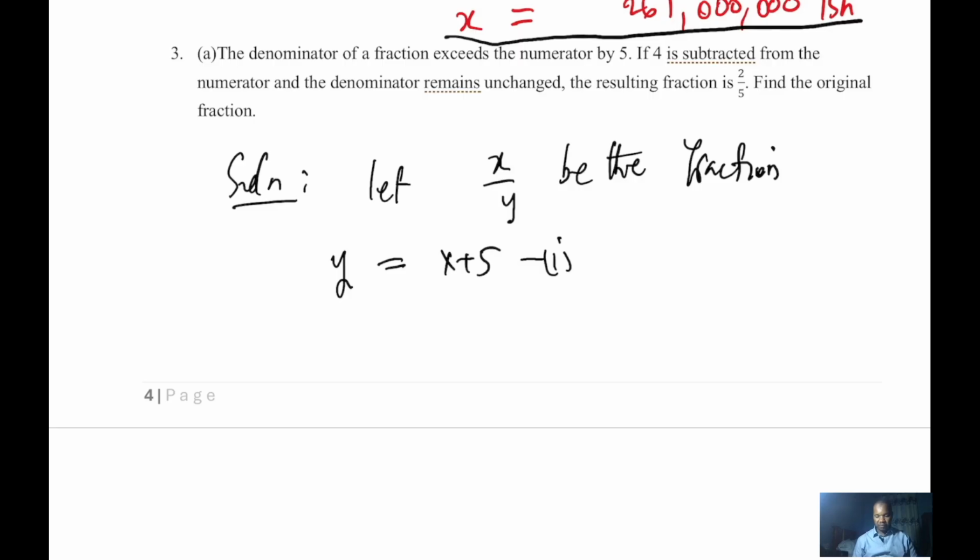If 4 is subtracted from the numerator, so in the numerator we subtract 4, and the denominator remains the same, it means it remains y, then the resulting fraction is going to be 2/5. So we are going to find x and y, and eventually x over y will be known.